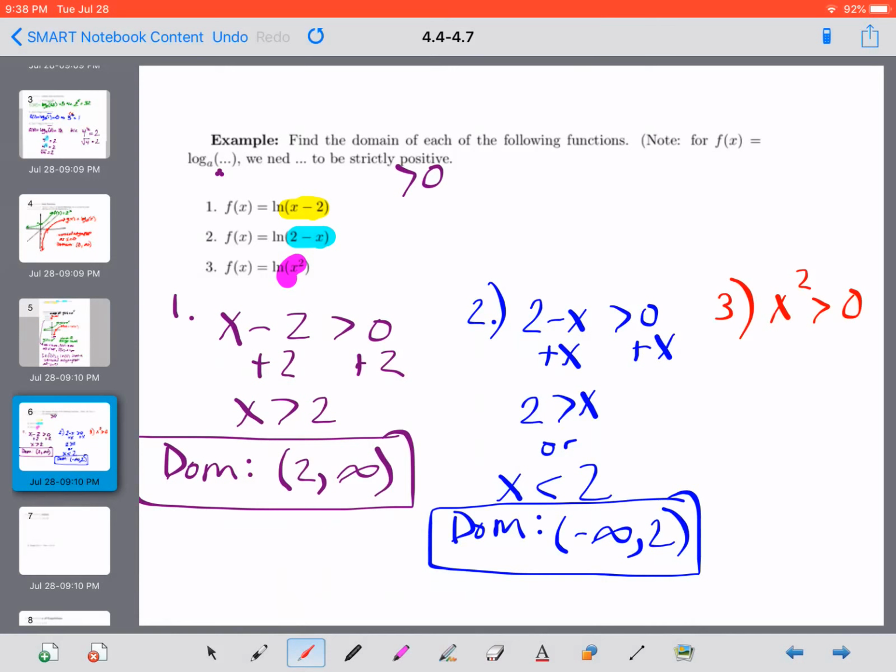Because a negative times a negative is positive, and a positive times a positive is positive. So the only time this inequality fails is when x is equal to 0. And so our domain is going to be defined for all real numbers except when x is equal to 0. So our domain can be written in interval notation as negative infinity to 0, union 0 to infinity. So it's all real numbers except for 0.